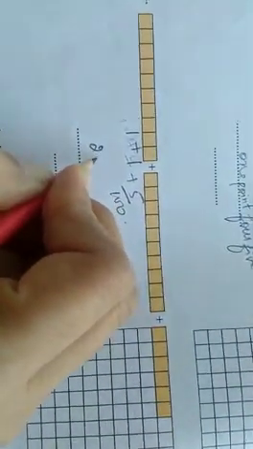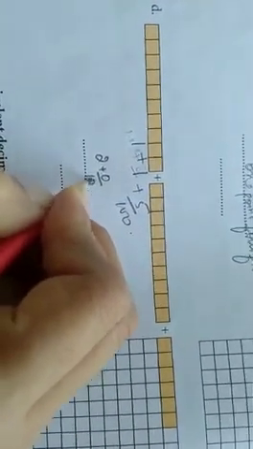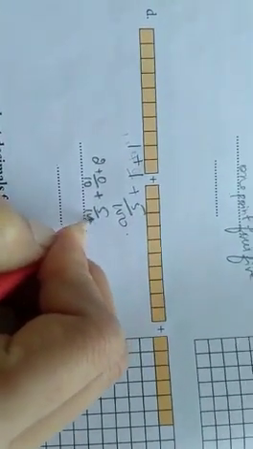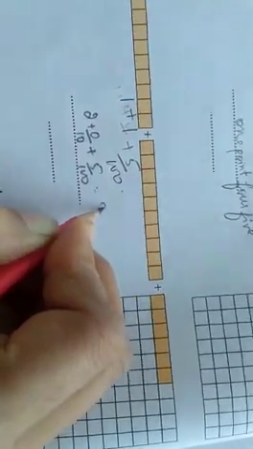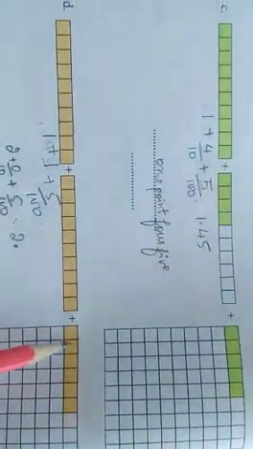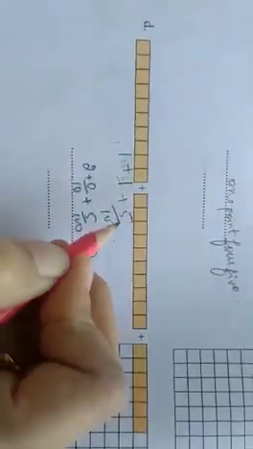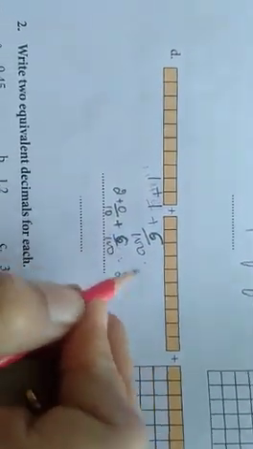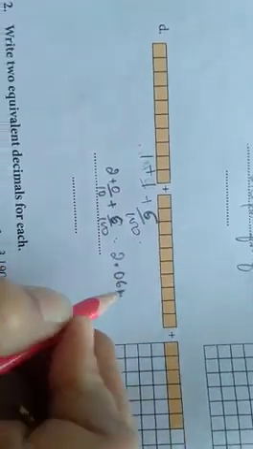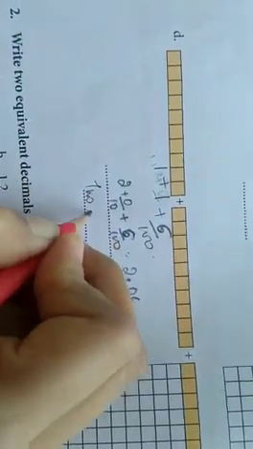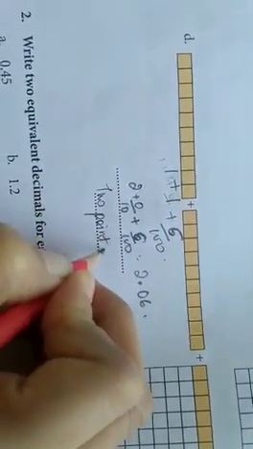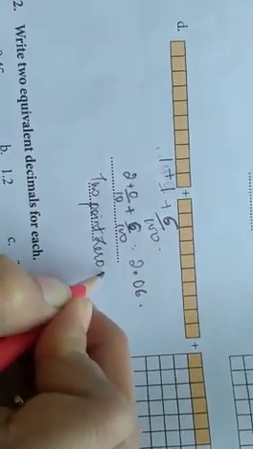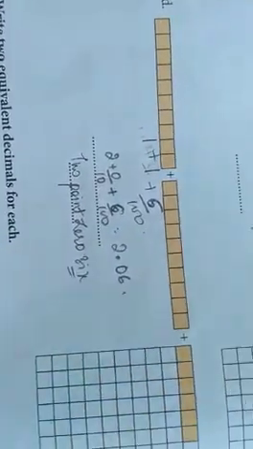So it will be 2 plus 0 by 10 plus 5 by 100. Or it is 6, not 5. So it will be 2.06, point 0 6 it will be. You all have to write this in the textbook itself.